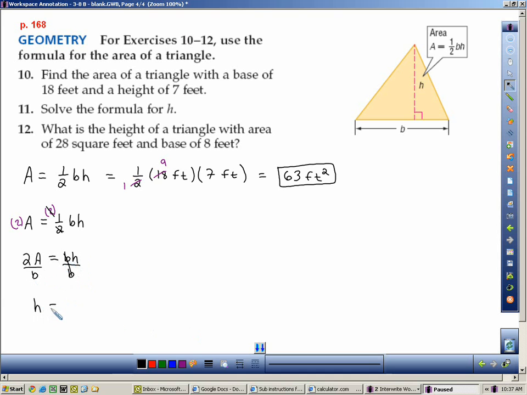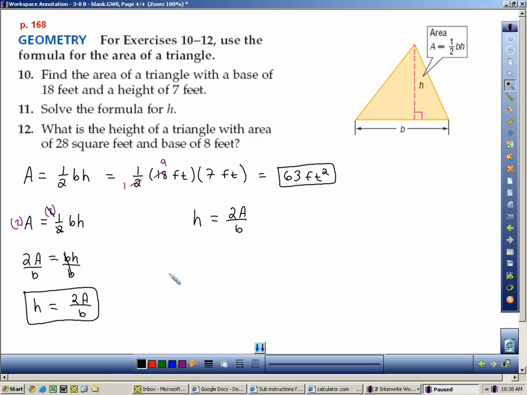So isolating the h, I get h equals 2A over b. And then question number 12 says, what's the height of the triangle? I can use this formula that I just solved, h equals 2A over b. I'm going to use that.